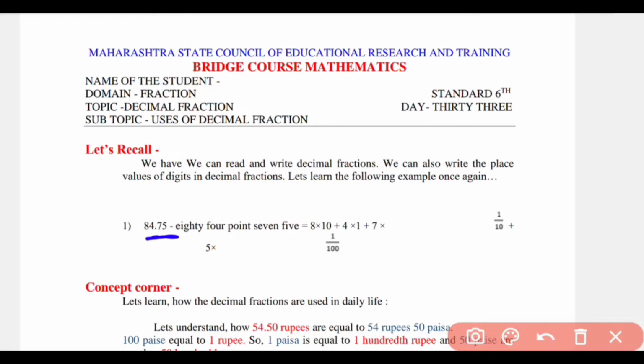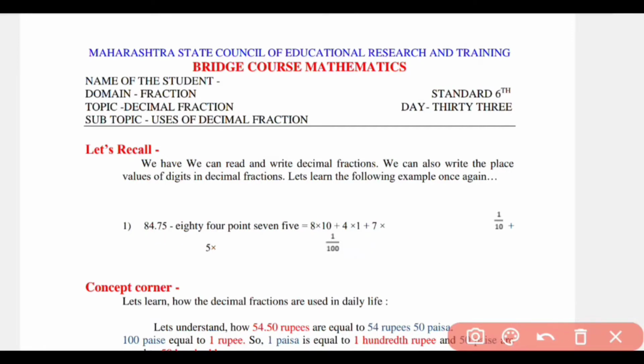The place value of 7 is tenths, and the place value of 5 is hundredths. So when the place value is tenths and hundredths, we have to multiply that number by 1 upon 10 and 1 upon 100 respectively. So in this way we have learned about this expanded form.